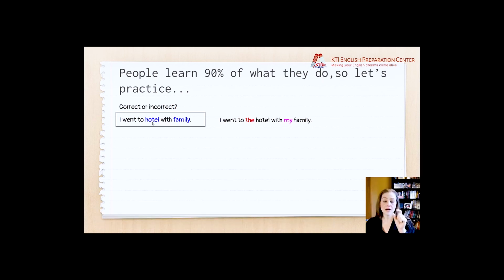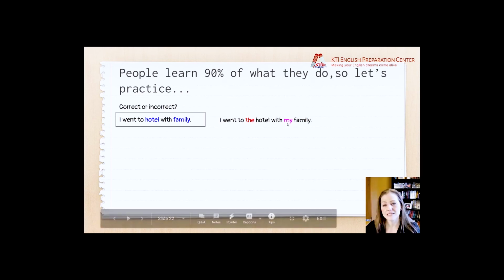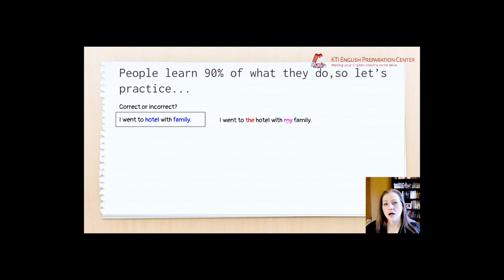Now we're talking about the specific hotel my friend and her family went to, so it has to have the. Now I've got my family in pink because this is a different kind of determiner. We'll talk about these another day. These are the pronouns and the possessive determiners, because we're specifying it was her family she went with or his family that he went with, not any old family.